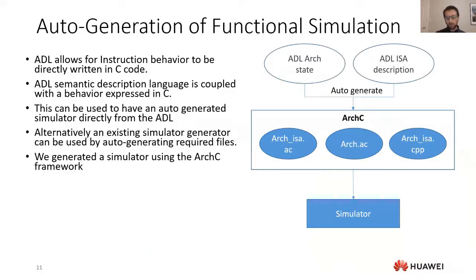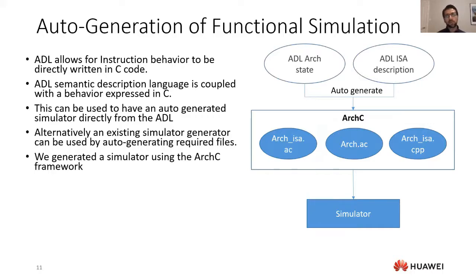So how do we use the IR to auto-generate functional simulation? Well, ADL allows you to have the instruction behavior directly written in C code, and the semantic description language, which I'll get to later, is coupled with a behavior expressed in C. So this can be used to have an auto-generated simulator directly from the ADL, either through the semantic description language coupled with C behavior, or the directly written C behavior.